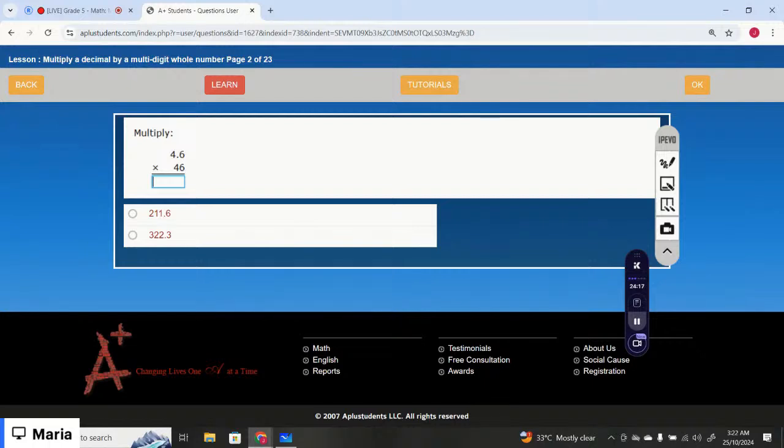4.6 times 46, which is the correct option?